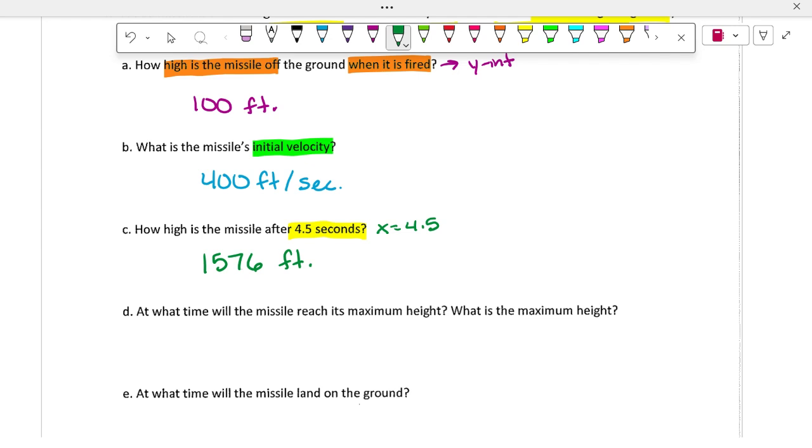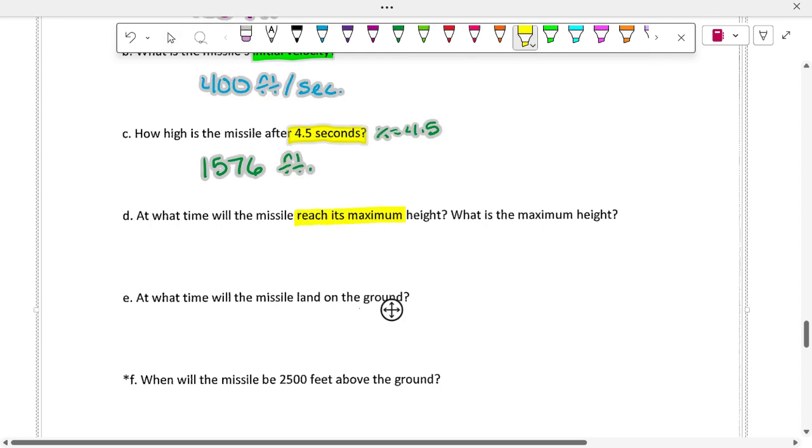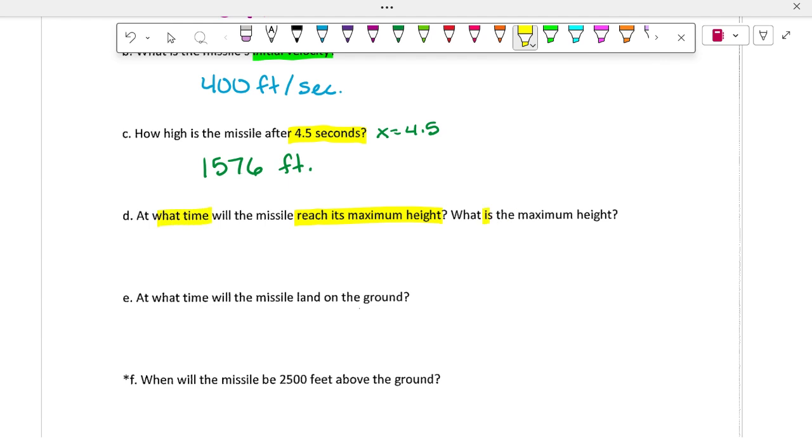All right. The next question asks, what time will the missile reach its maximum height? And then what is the maximum height? So for both of those, I need to use the vertex. Good. So for the first part of the question, what value of the vertex do I use?